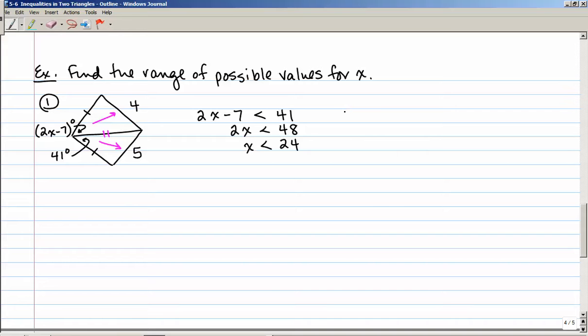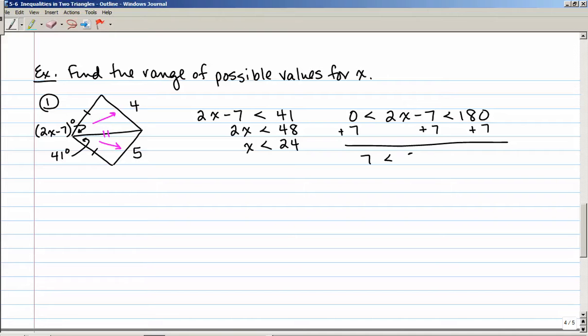So what I need to say is that the measure of that angle, 2x minus 7, has to be between 0 and 180, because the measure of any angle is between 0 and 180. So let's solve that, if you remember how to solve an inequality that looks like this.